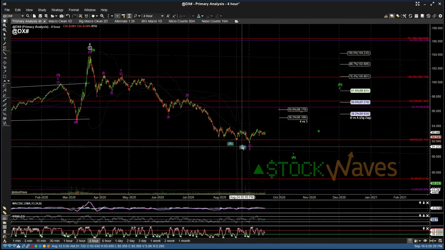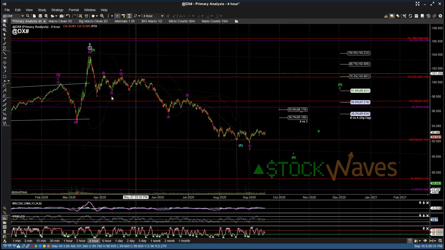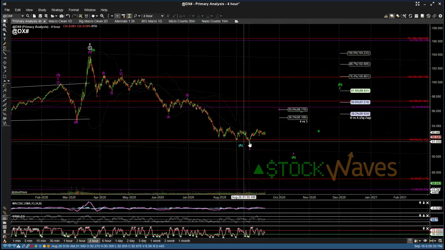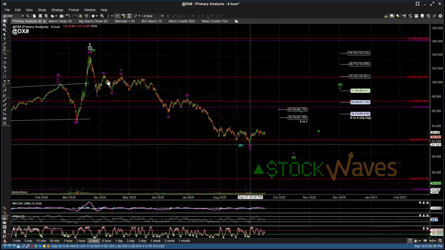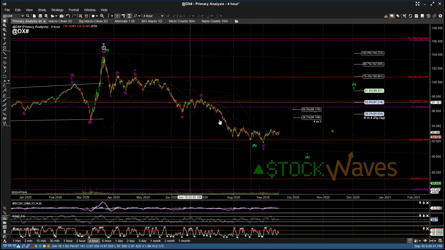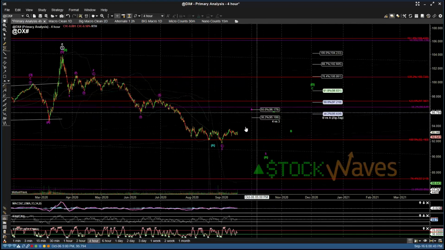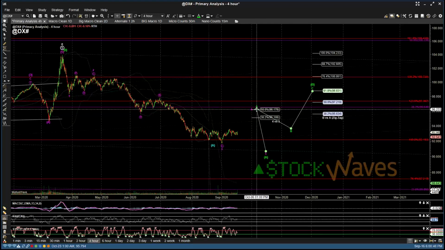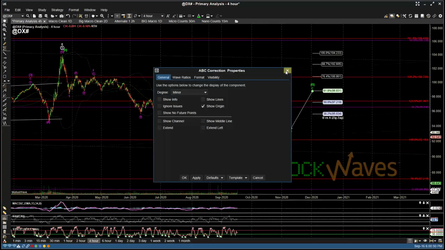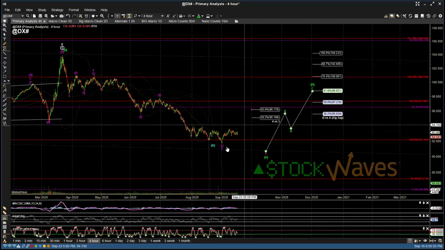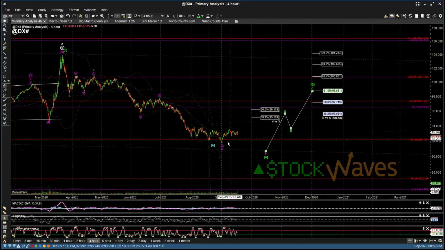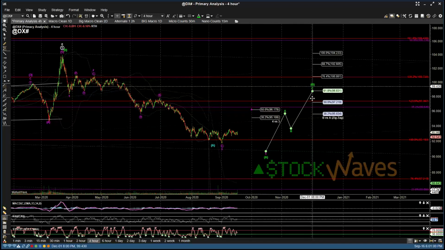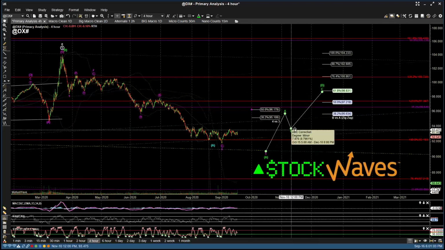And it certainly is possible to argue for some version of a completed count for the A wave here, maybe as A, B, and C, even though this looked bigger than this B wave. But I'm looking for at least a bounce as that 4th wave, and maybe that 4th wave is the A wave of this B if this was the blue A here. So that would be A, B, and C wave up off of this low instead of a 4th and a 5th, and then an ABC bounce. So that's what I'm looking for in the dollar.